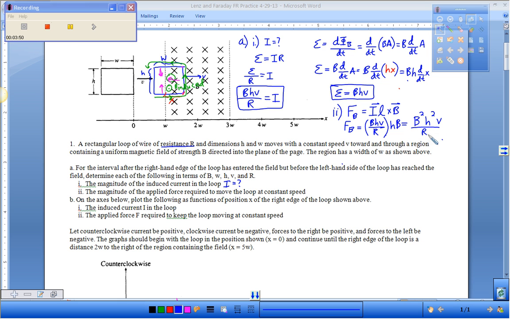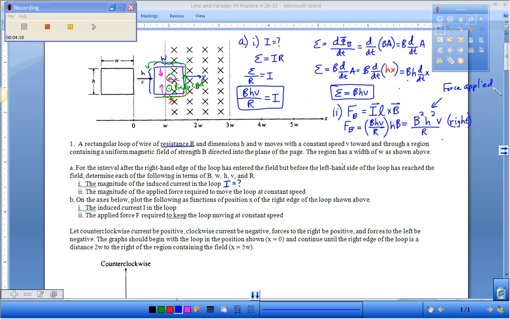And what direction is that force? Well, the force being applied by the magnetic field is B squared H squared V over R to the left. So the force required to make it move at a constant speed is that much directed to the right. And this is the force applied.